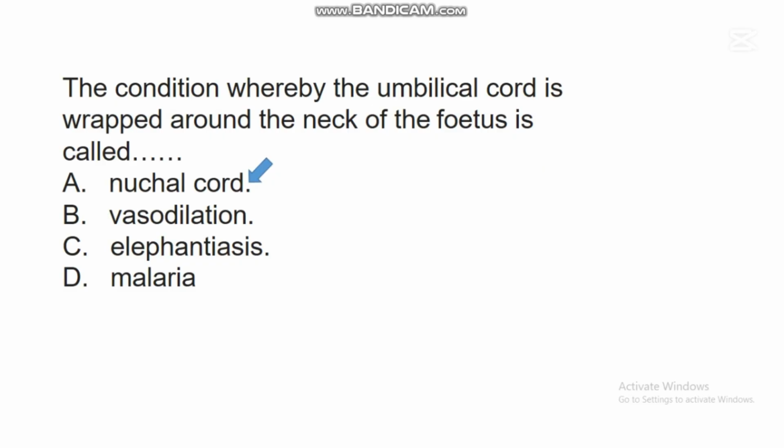So a situation whereby the umbilical cord is wrapped around the neck of the fetus is best described as nuchal cord. When this occurs, it can affect the face of that baby, and other things are observed when this occurs during pregnancy.